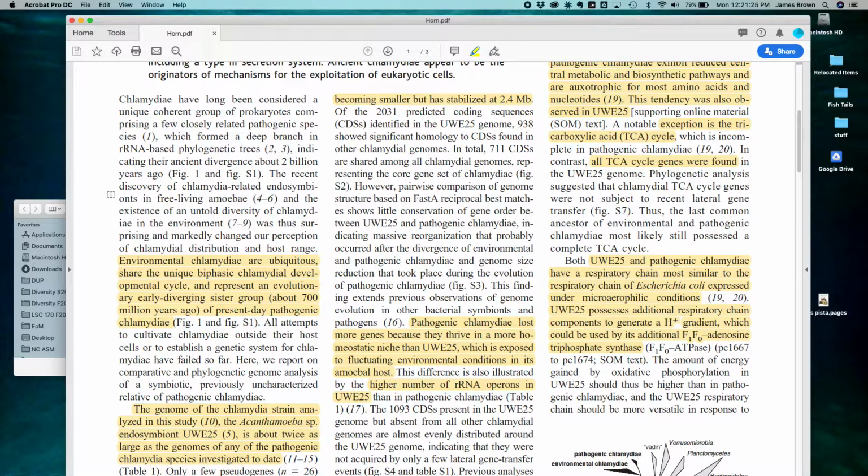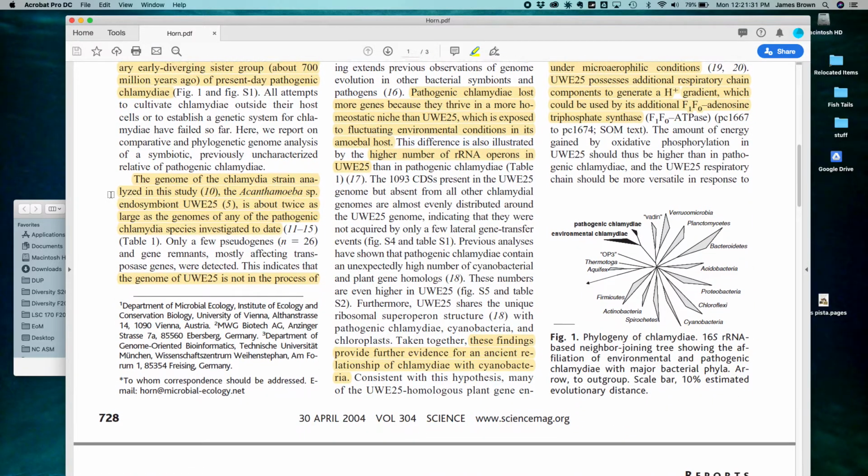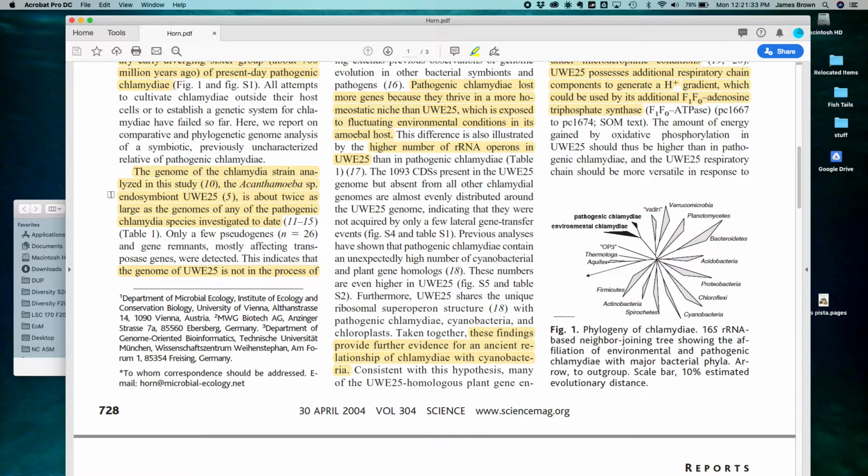Environmental chlamydia are everywhere, and they form a unique phylogenetic group. And so here's a tree right here that shows the pathogenic chlamydia. These are what they're calling pathogenic. These are the pathogens of plants and animals. And then the environmental chlamydia.